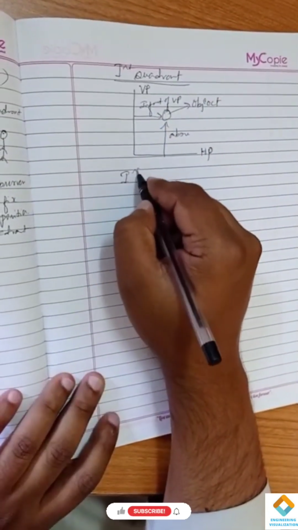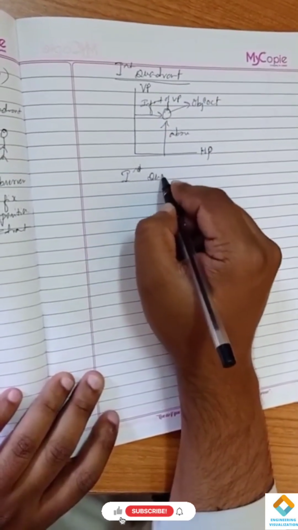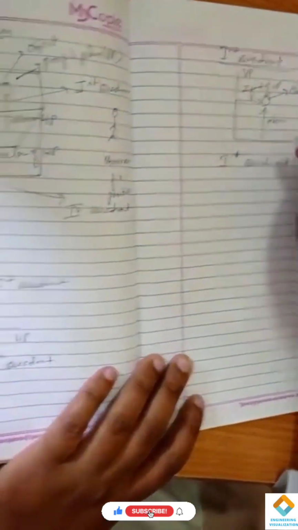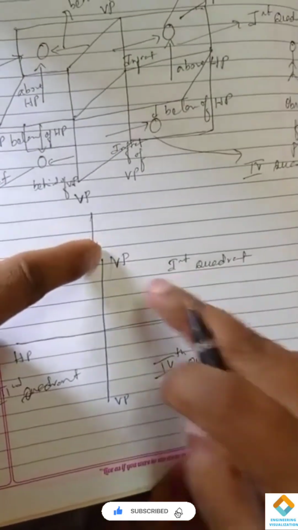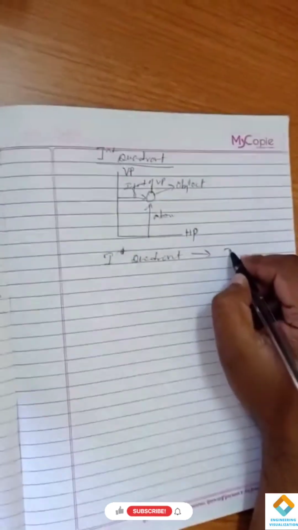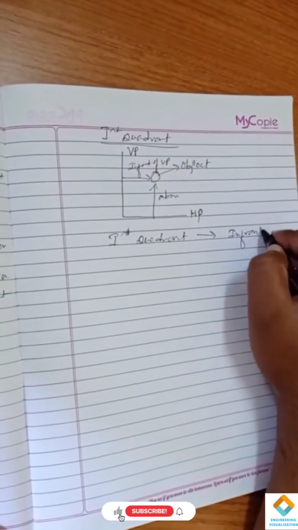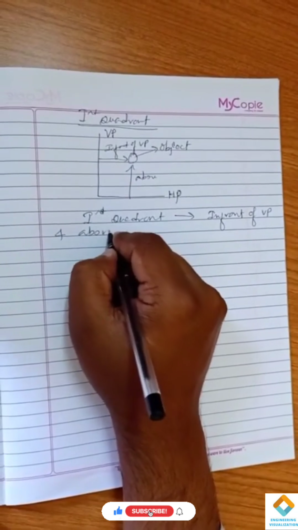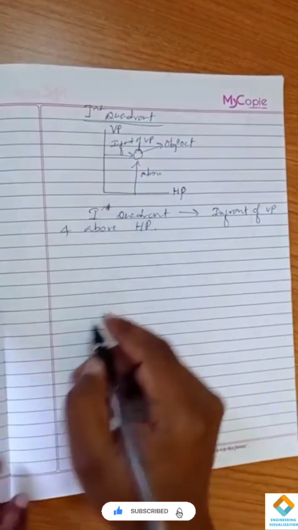So this is the definition of the first quadrant in orthographic projection: in front of VP and above HP. That is our first quadrant.